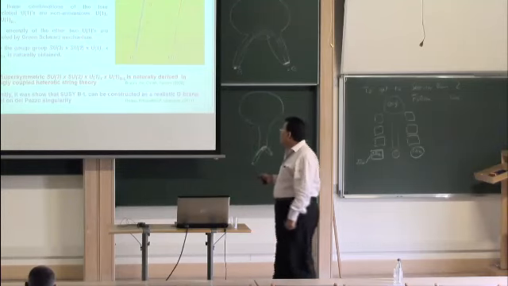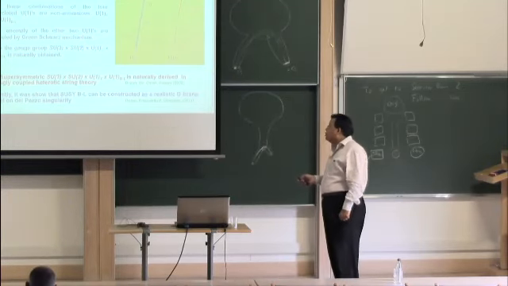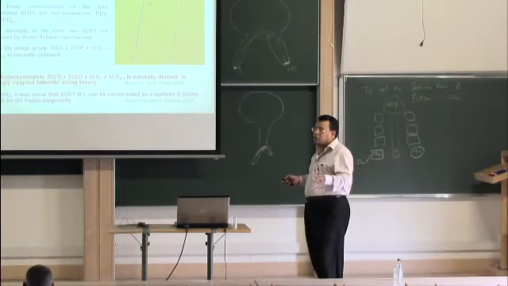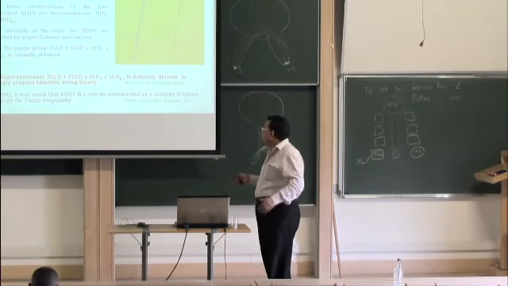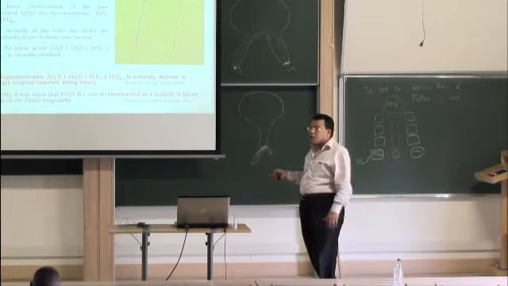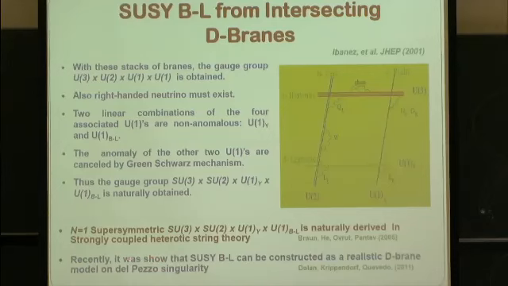In fact, some time ago, Ovrut and his collaborators proved that in strongly coupled heterotic strings also you cannot get just the standard model, but usually you get the standard model cross U(1) B-L. Moreover, recently, Fernando and his collaborator also showed that the SUSY B-L can be obtained from some construction of brane models.